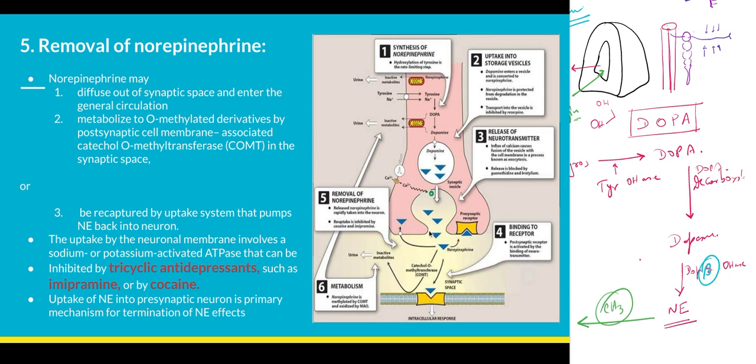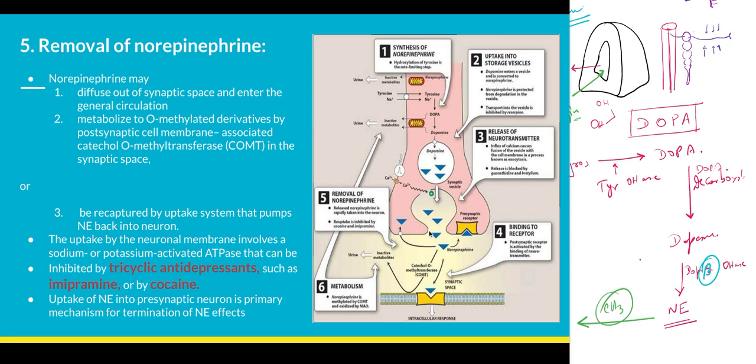So what will happen if you block the reuptake mechanism? Are you understanding what will happen? If you block the reuptake mechanism, norepinephrine will be loaded into the synaptic space, it won't be taken up. You remember we studied desensitization of the receptors? Yes, sir.